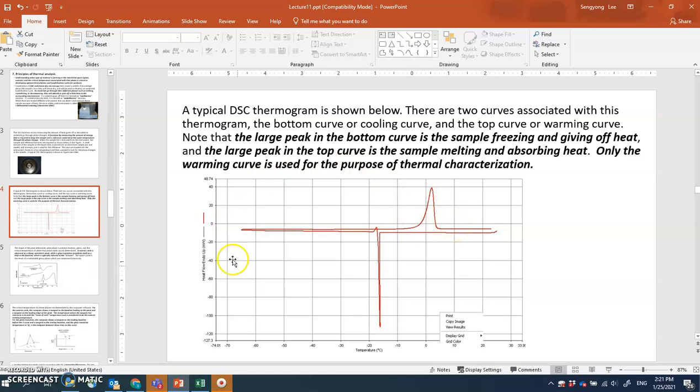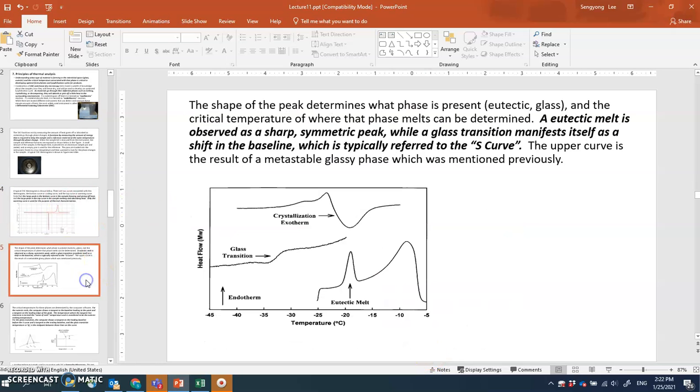So DSC can do this thermal analysis characterization. That's what this machine does. By looking at these points, you can see what the frozen point is, what the melting point is, what that temperature point is. Maybe minus 17, or this is about above 0, maybe 2 or 3. Okay, that's what it does.